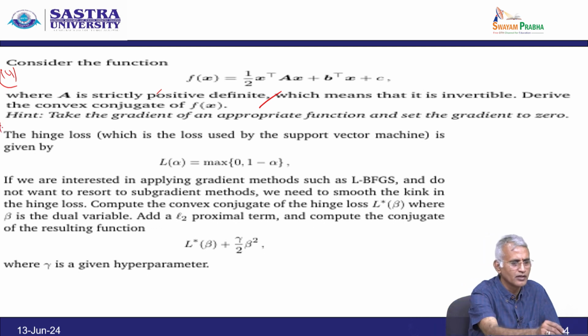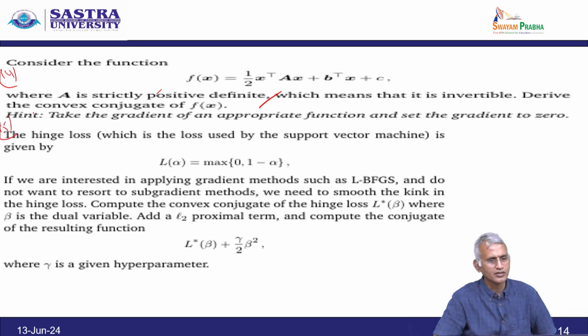Next, the 15th one: the hinge loss, which is the loss used by support vector machines, is given by L(alpha) = max(0, 1 - alpha). If we are interested in applying gradient methods such as L-BFGS and do not want to resort to subgradient methods, we need to smooth the kink in the hinge loss.